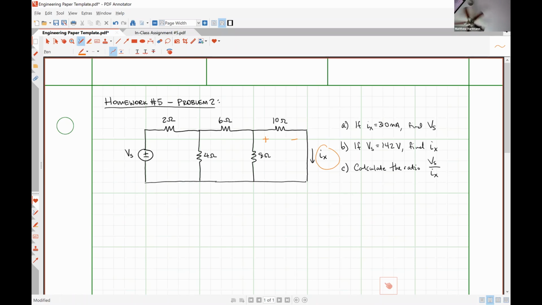Because that current Ix is flowing through the 10 ohm resistor. Okay, so if Ix is, I believe I have it written down as 310 milliamps, and we multiply that by 10 ohms, that should be 3.1 volts.